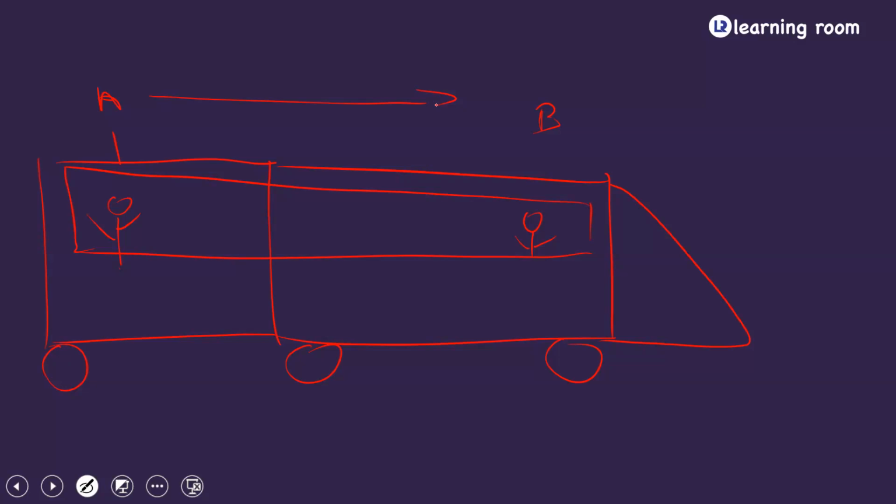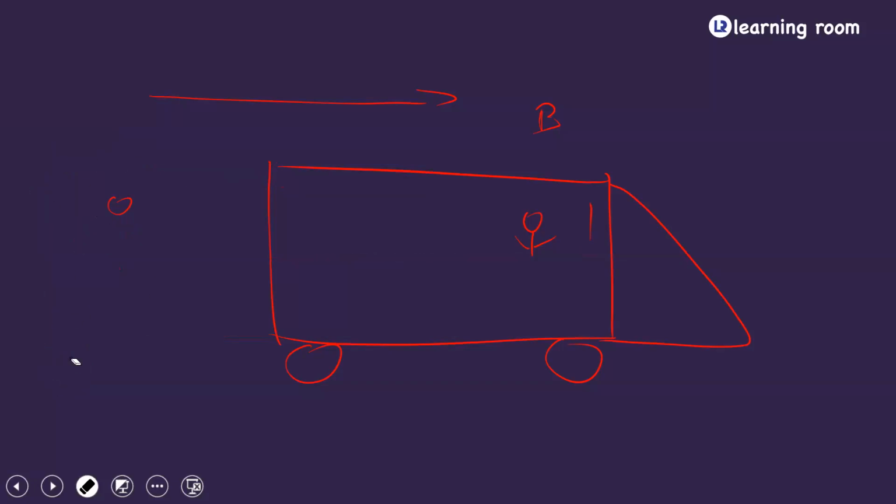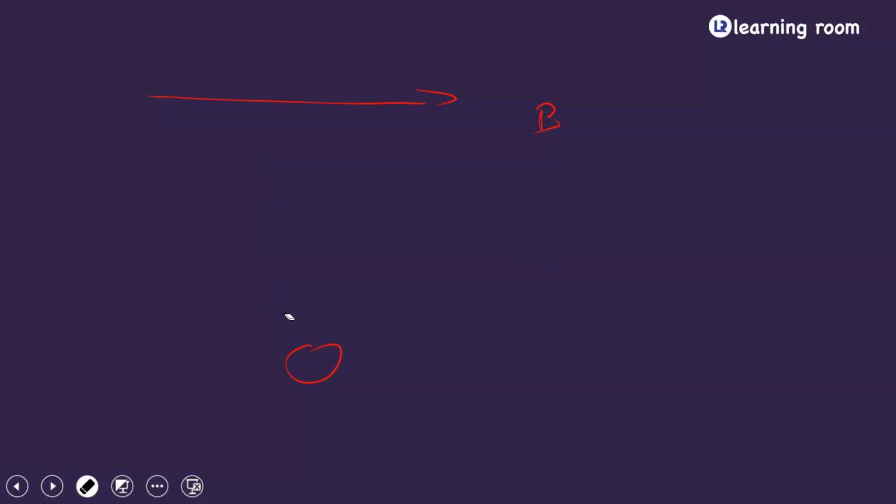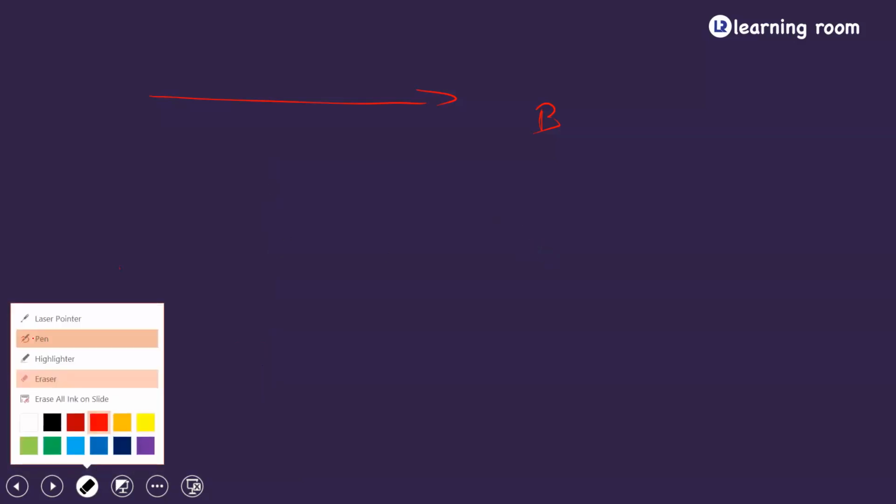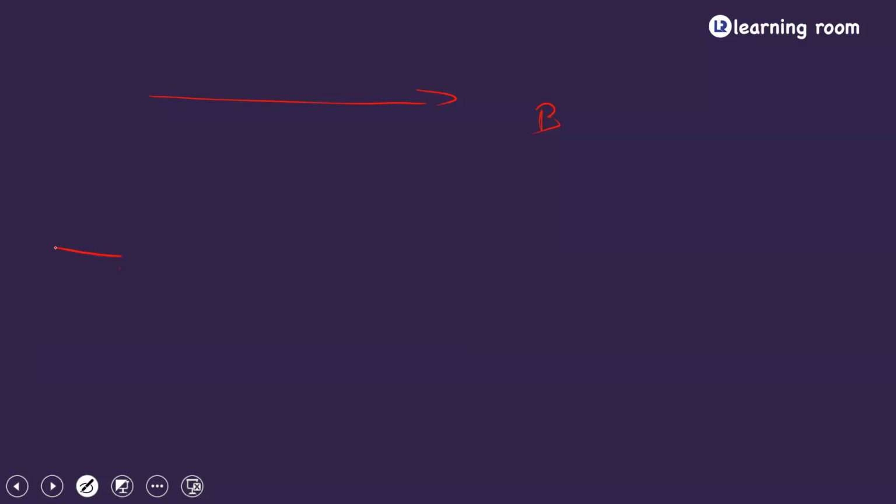Let's do the same thing with a different example which makes more sense. Let's say there's a train, and the train itself is going.